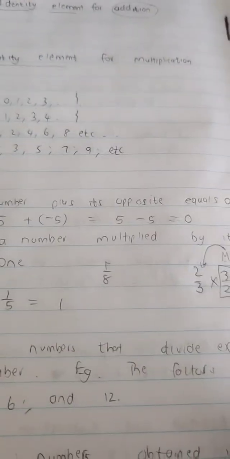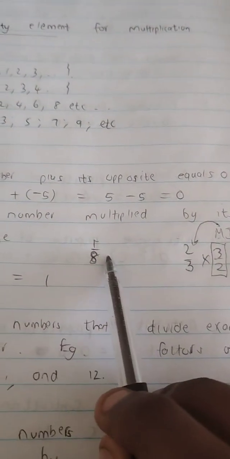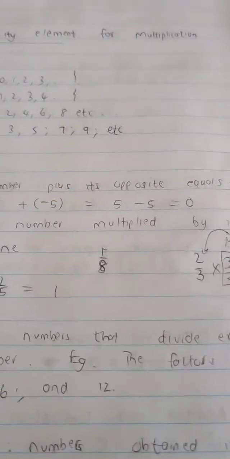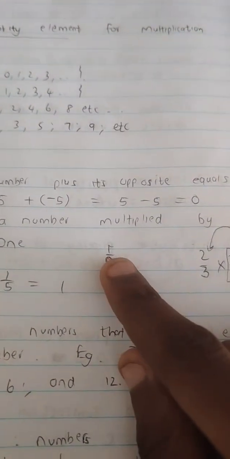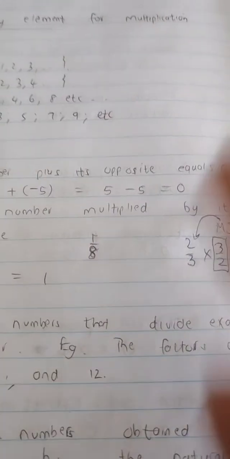What is the multiplicative inverse of 1 over 8? What would you guys say? Chat, what is the multiplicative inverse of 1 over 8? You would say the answer is what exactly?